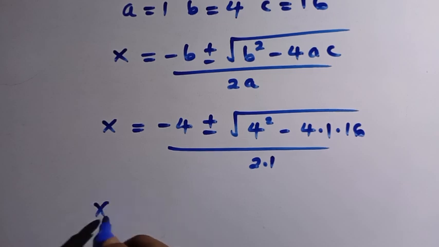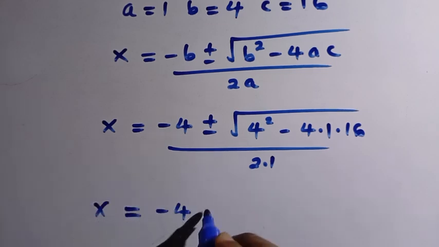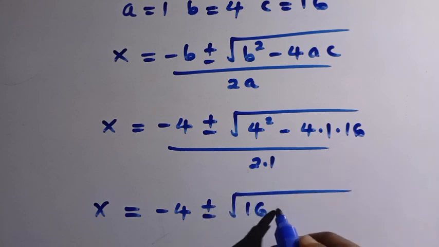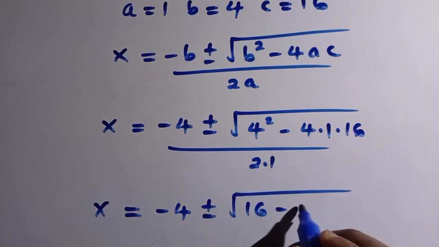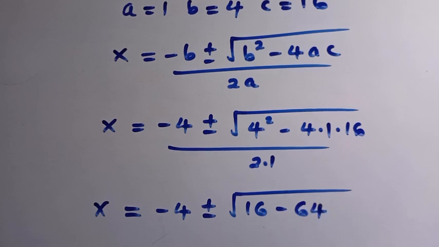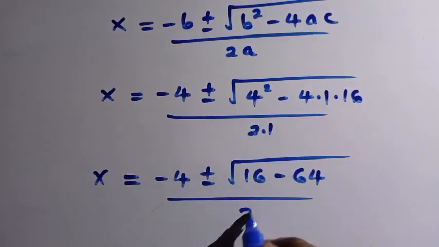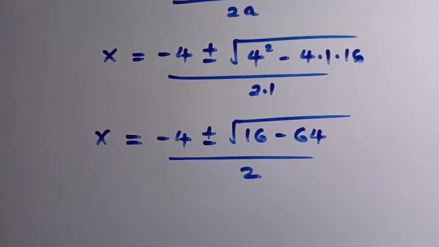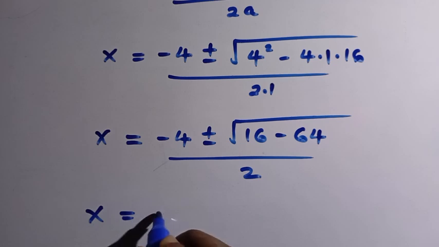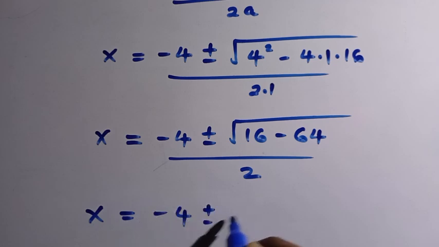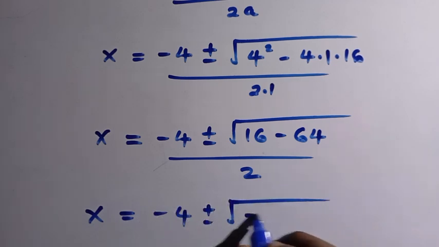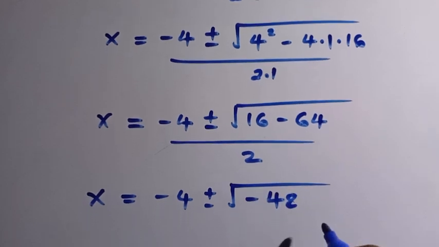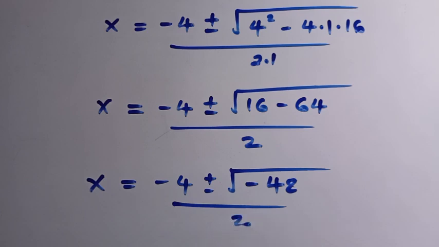Then we have x equals minus 4 plus or minus the square root of 4 squared, that is 16, minus 4 times 16, that gives us 64, divided by 2. By subtracting 64 from 16, we have x equals minus 4 plus or minus the square root of minus 48, then divided by 2.